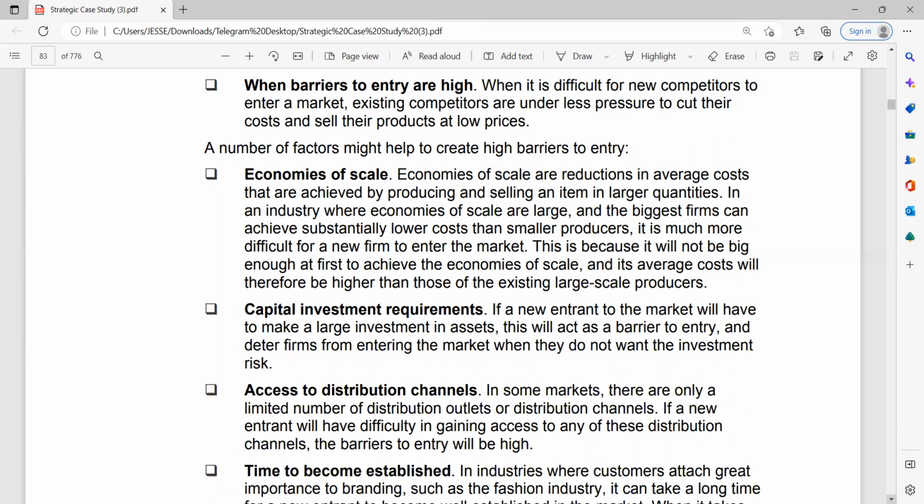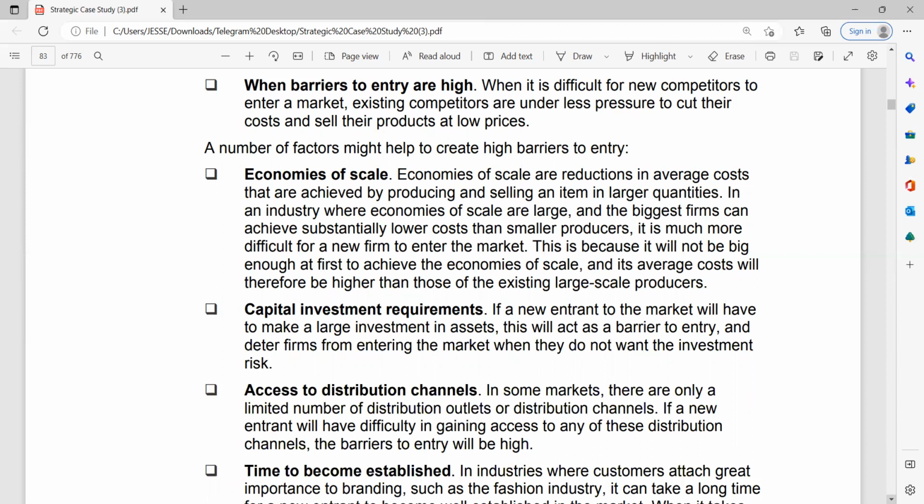A number of factors might help to create high barriers to entry. Number one is economies of scale. When there are economies of scale, that could be a barrier to entry. Economies of scale is basically reduction in costs as a result of large volumes of output.